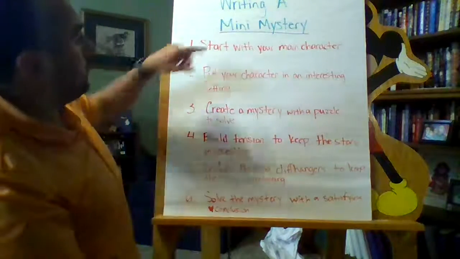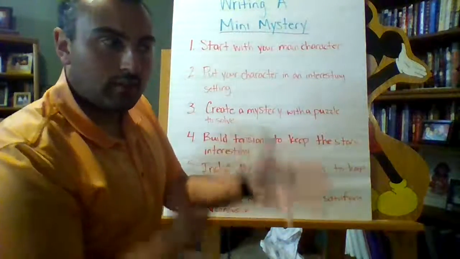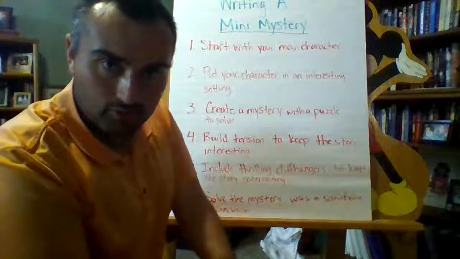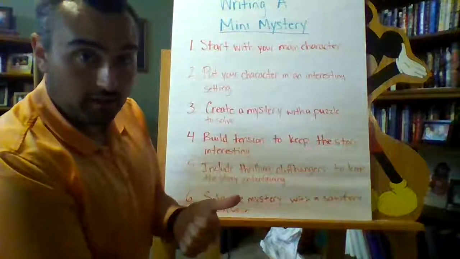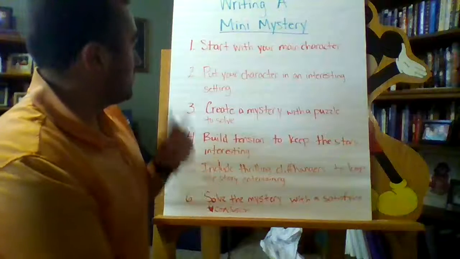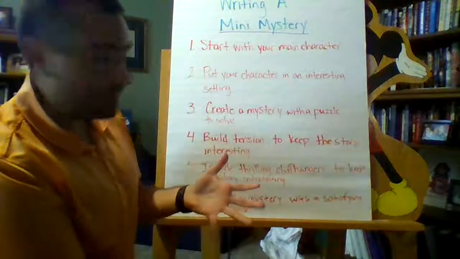Okay, so I'm going to go through these real quick, and then we're going to each day break them down as we start developing our stories, okay? So number 1, start with your main character. Number 2, put your character in an interesting setting.